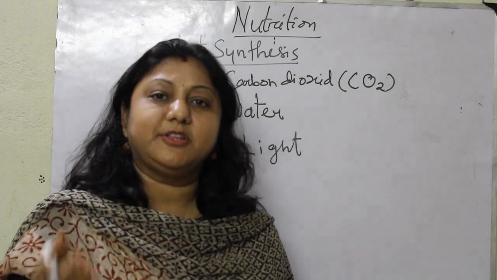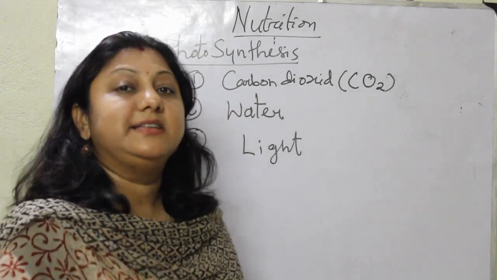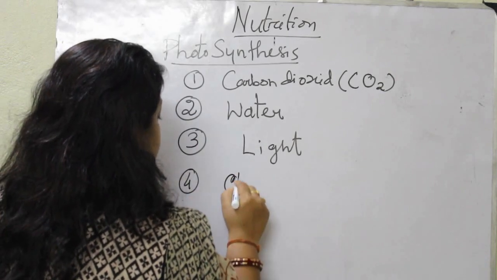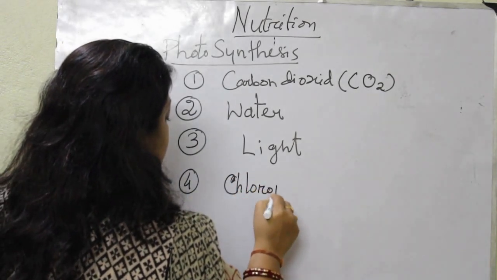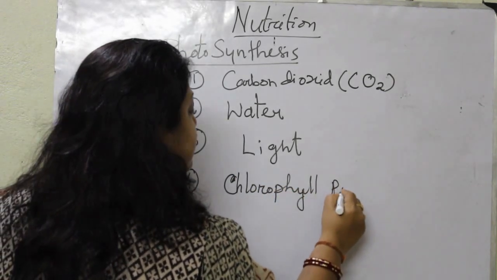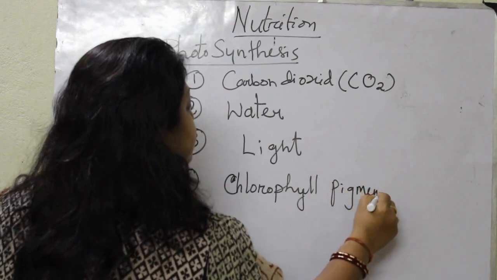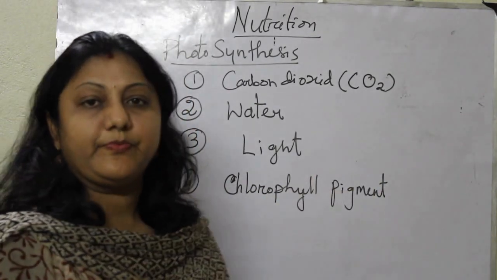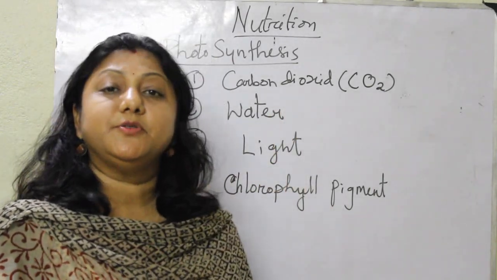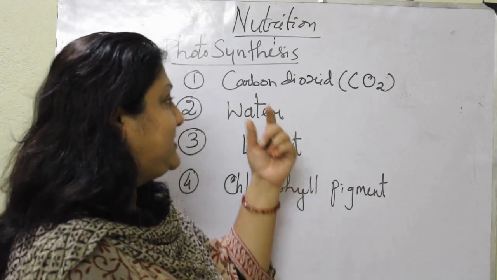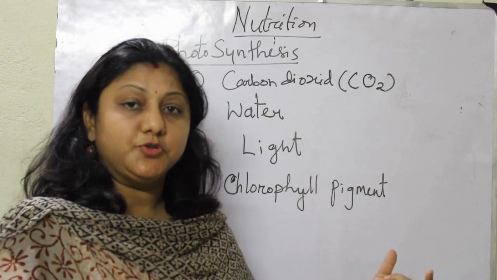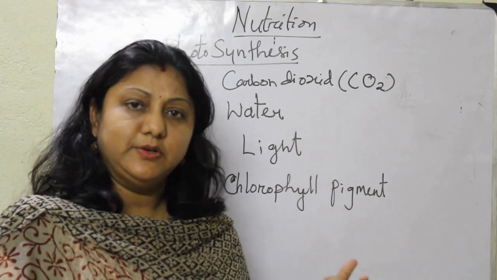And there is a fourth requirement of photosynthesis that is the chlorophyll pigment. So these are the requirements of the photosynthetic process, or we can say the raw materials which are used to produce or synthesize the food.